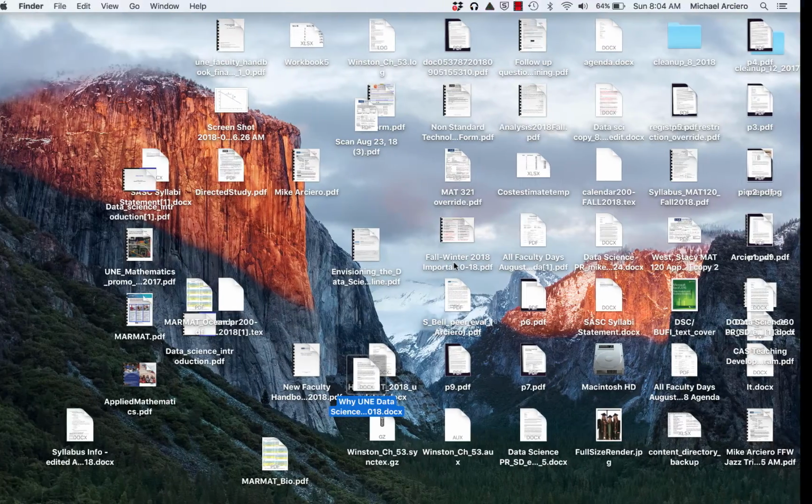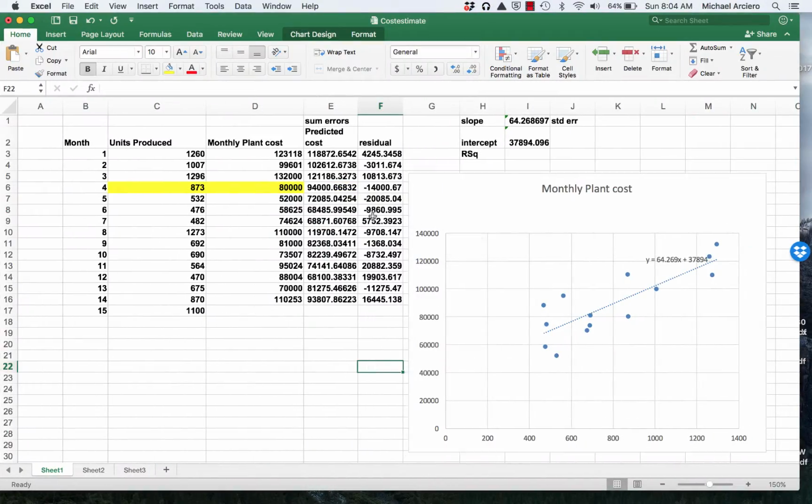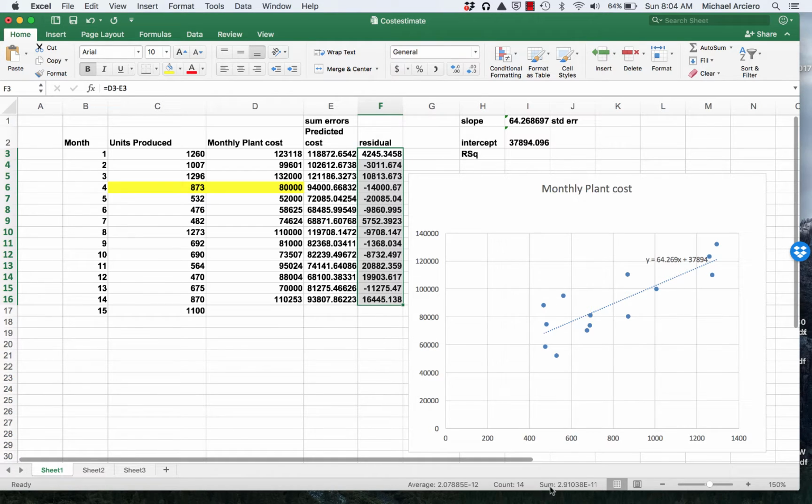Well, if we add up the residuals, let's come over here. If we just mouse over or select, if we add up the residuals, you can see the sum down here. Now that's 2.9 times 10 to the minus 11. So this is really a decimal and 11 zeros and then 2 nines. So that's actually just 0.